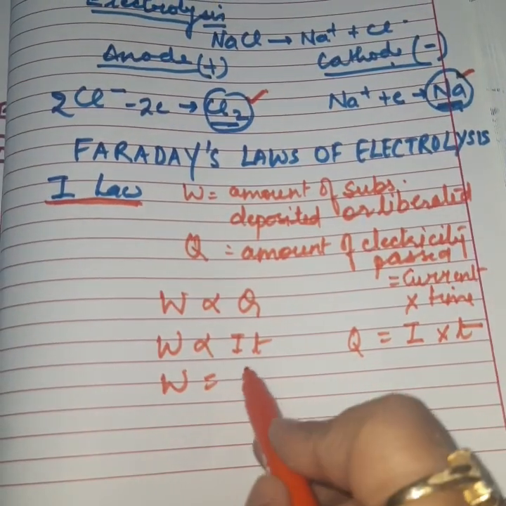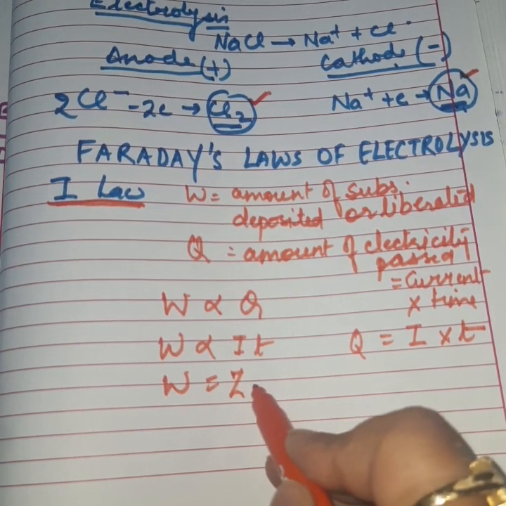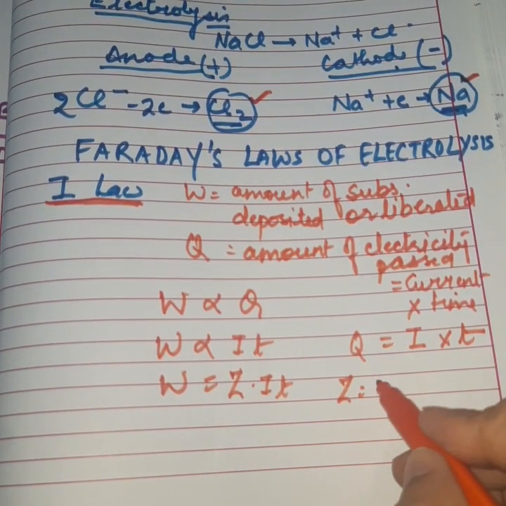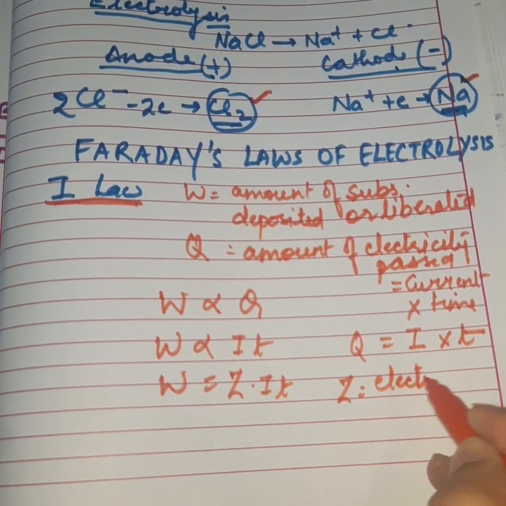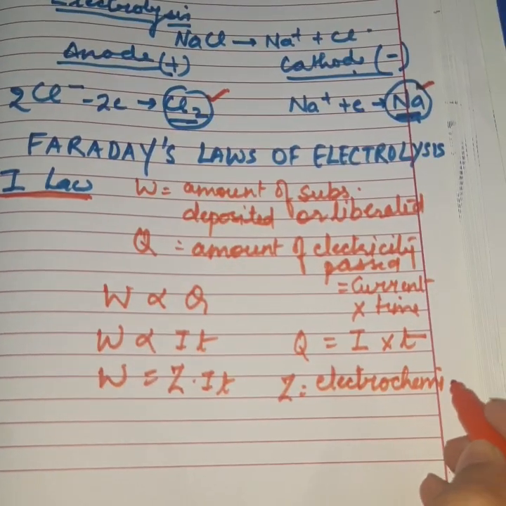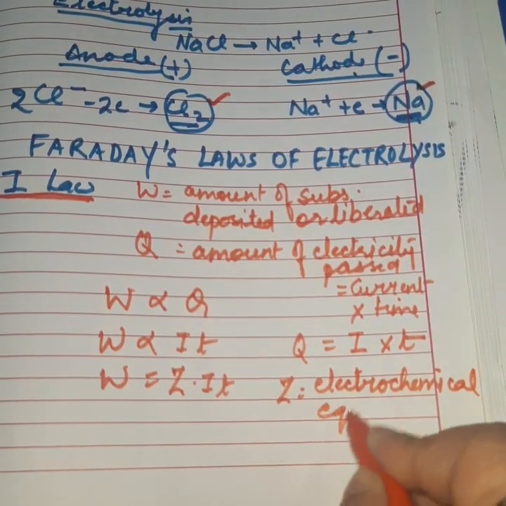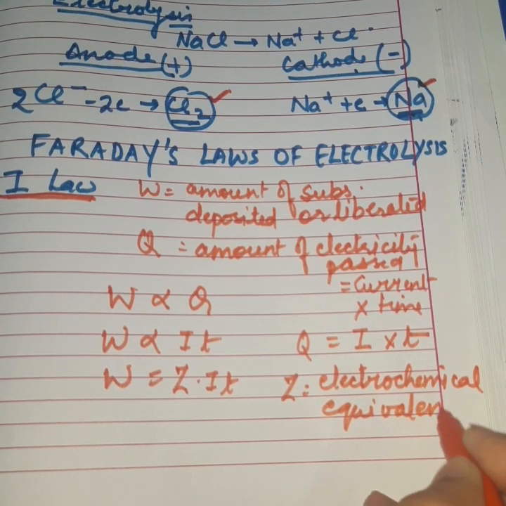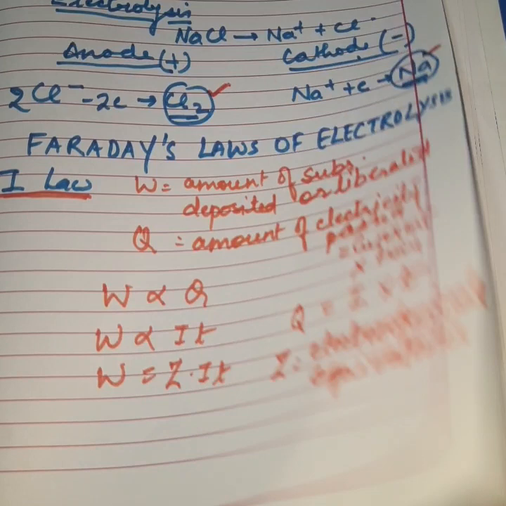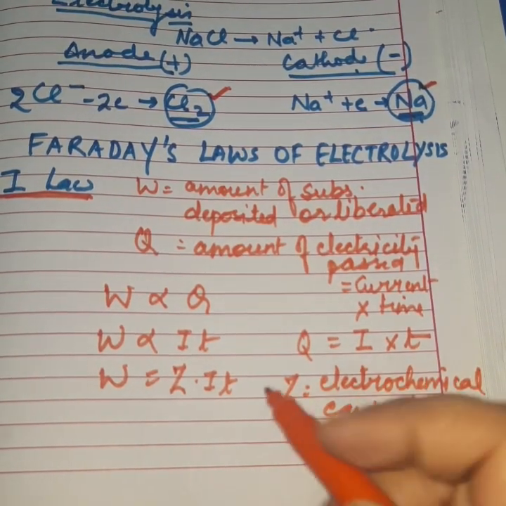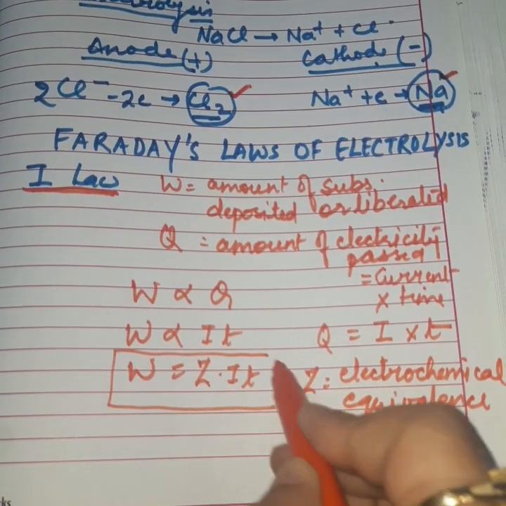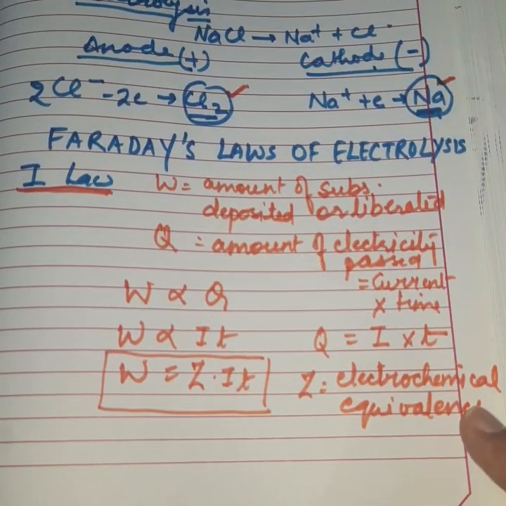So the constant of proportionality here comes as Z, giving ZIT. What is Z? Z is known as electrochemical equivalence, and this electrochemical equivalence is a constant for a particular substance. So W is equal to ZIT is the formula according to Faraday's first law of electrolysis.